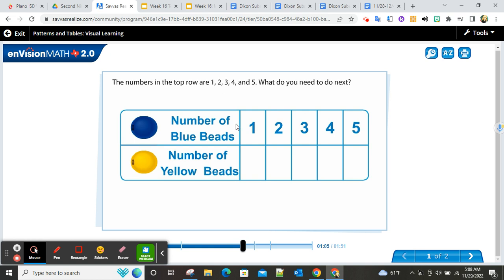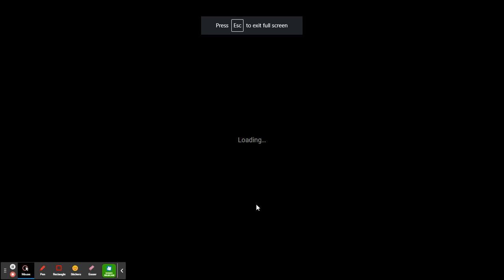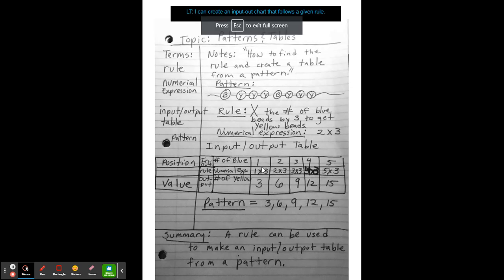Well, after you've got your positions in place, 1, 2, 3, 4, 5, it's time to apply your rule. Well, we have to apply our rule. If you go back to our chart, you will see that I applied the rule to each position.